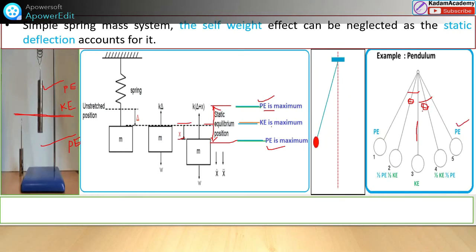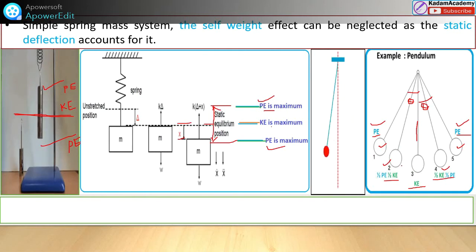P is maximum at position 1 and at position 5. At the static equilibrium position, K is maximum, while at points 2 and 4 both values are half. So P is converted into K, K converted into P, and again P into K. The energy is never destroyed; it goes on.